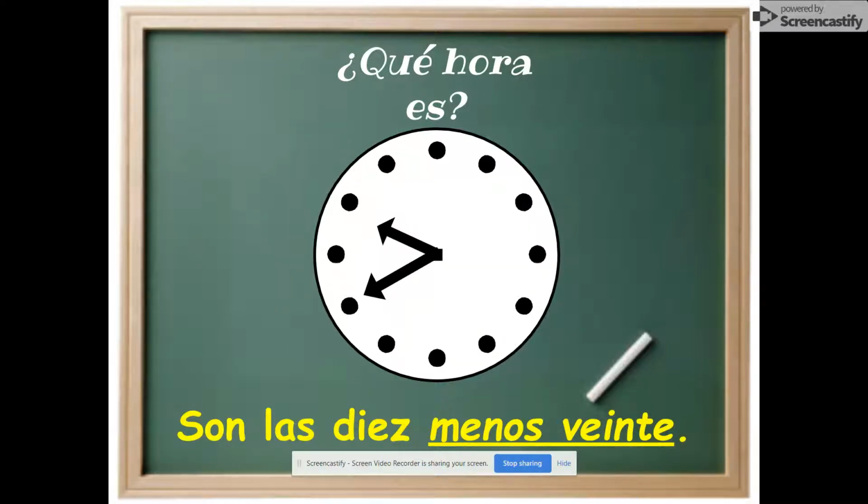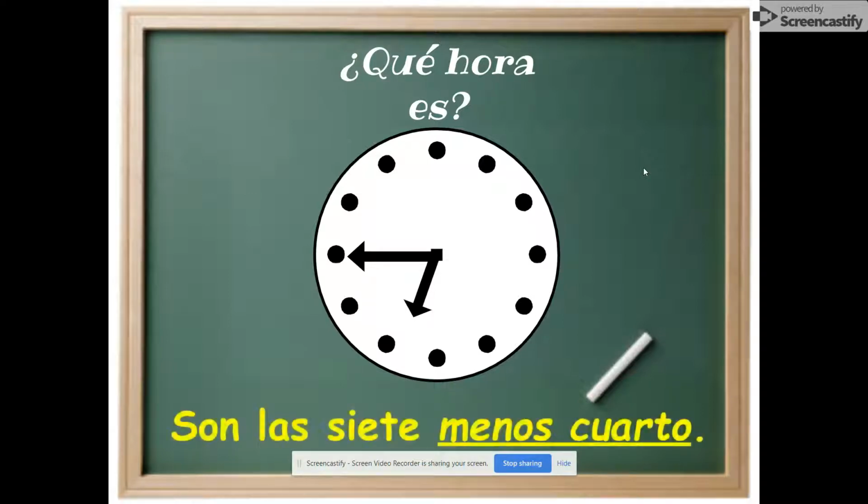So we say first the minutes and then what time is going to be. In Spanish, we will say what hour is going to be and then minus how many minutes, like how many minutes more to go. Son las 10 menos 20. It is 10 minus 20. That's like if we translate word by word.